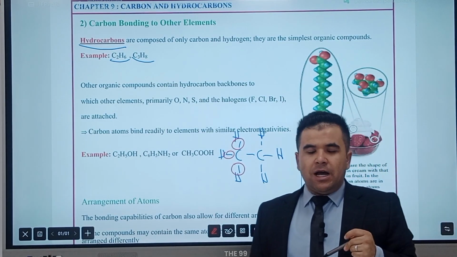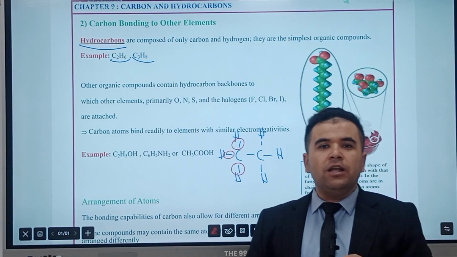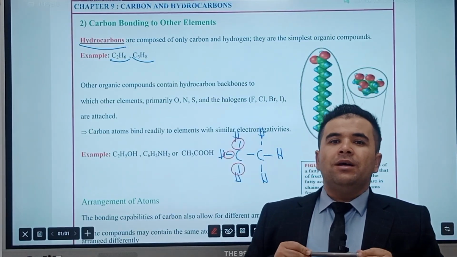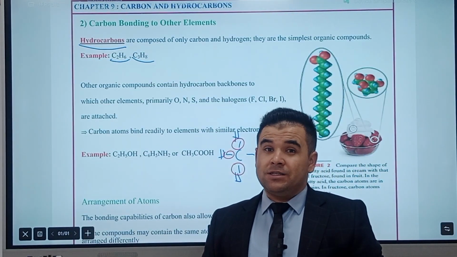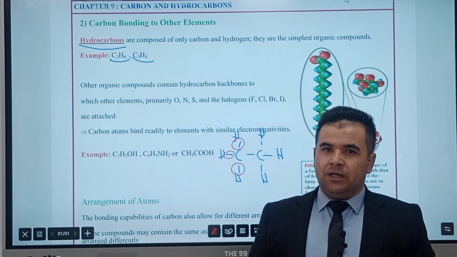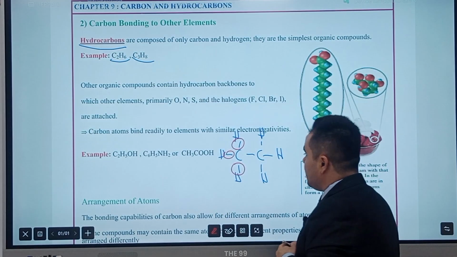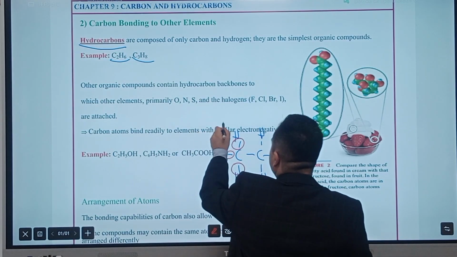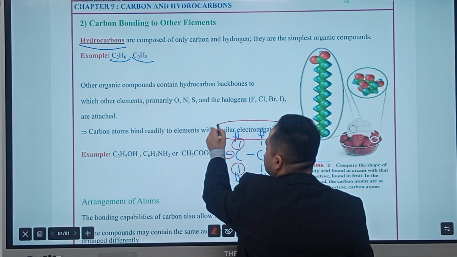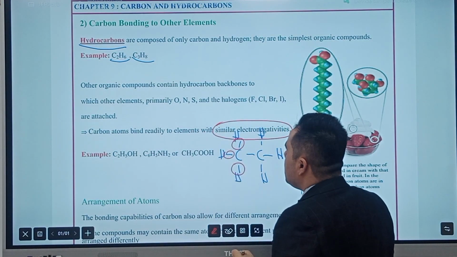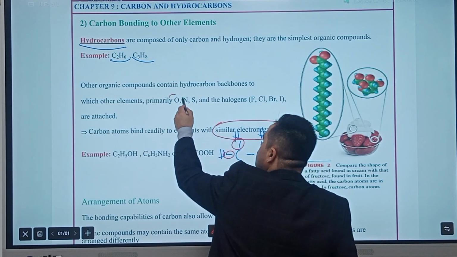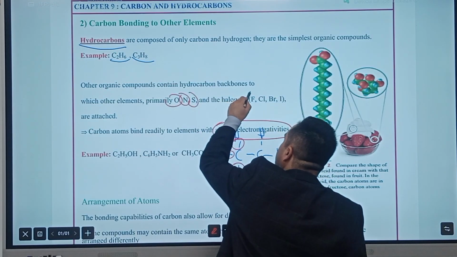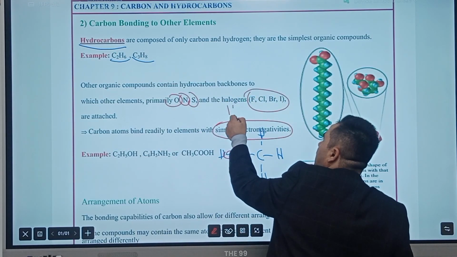Carbon usually has a tendency to bond with elements which have similar electronegativity. So usually the nonmetals, like oxygen, nitrogen, sulfur, the halogens, and hydrogen.